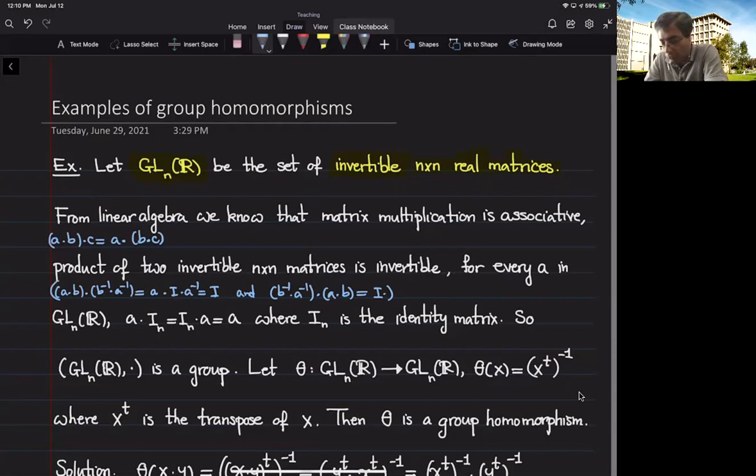So the study of linear groups is an important part of group theory, and it helps us to understand other parts of mathematics as well. It is important for understanding topological spaces or hyperbolic spaces and so on.